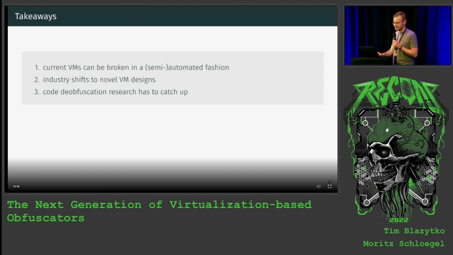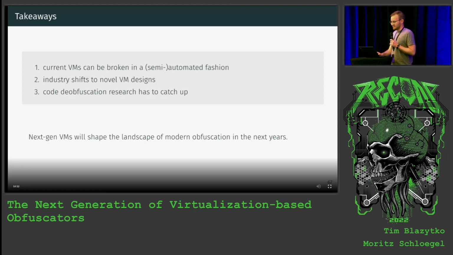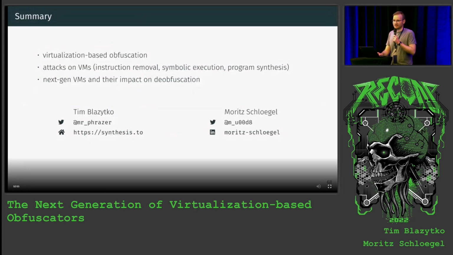And we have discussed how code deobfuscation research has to catch up to deal with that. I guess it's fair to say that these next generation VMs will shape the landscape of modern obfuscation for a couple of years, and probably some of your lives when analyzing them. All right, thank you very much for your attention, ladies and gentlemen.